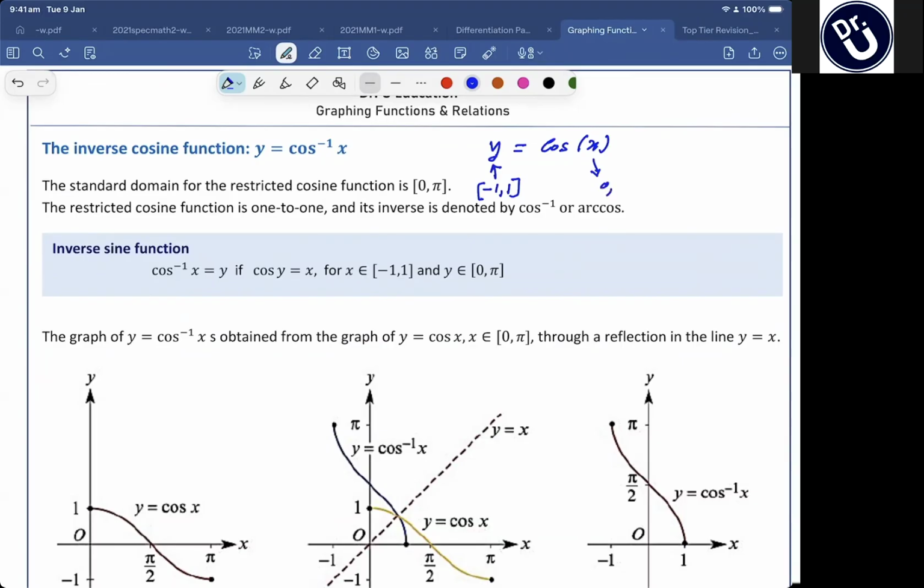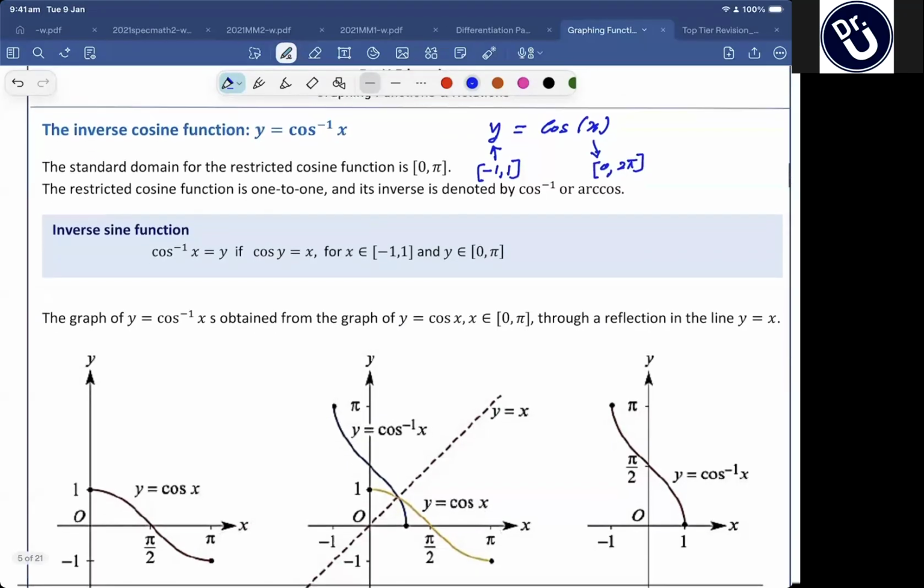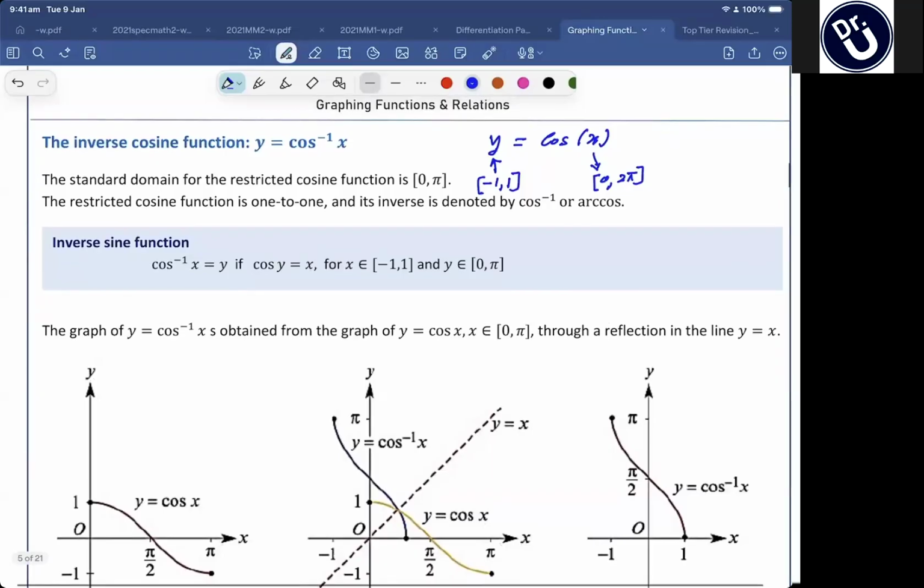You can say 0 to 2 pi. Okay. So now when you get the cos inverse, that means in here this is always between -1 and 1. So you can say x is this.